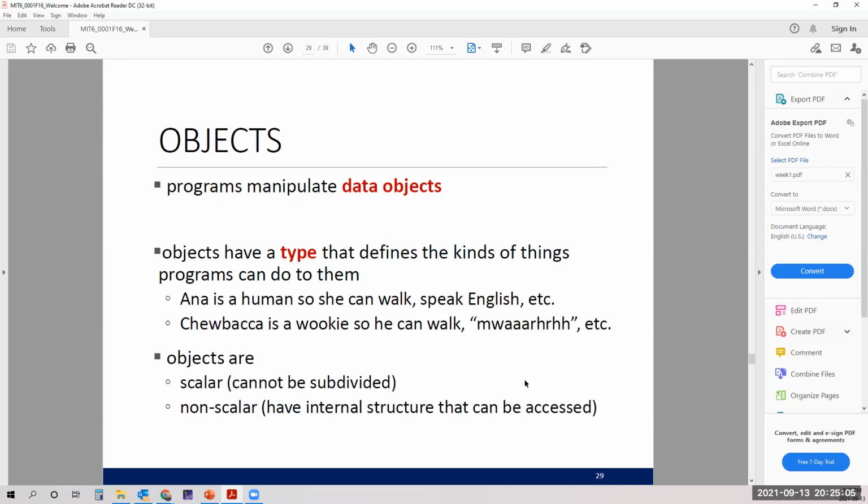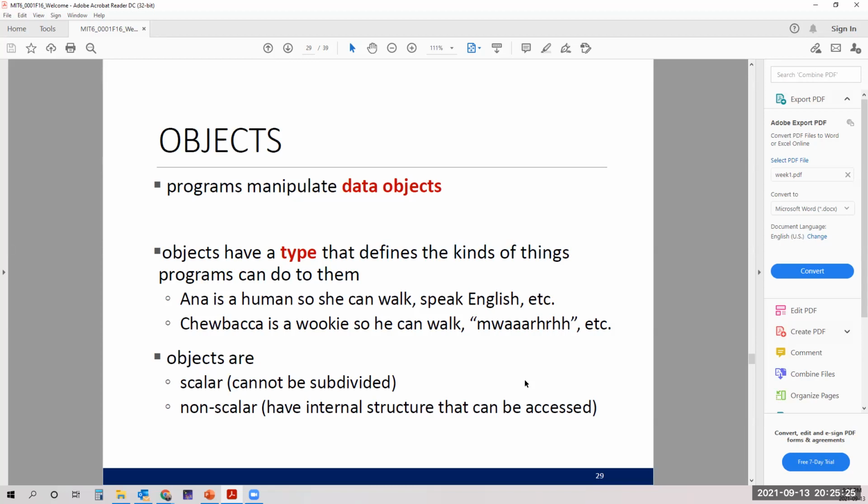This concept we call encapsulation in object orientation. We will discuss this further once we reach object oriented. But for now, each object has a type that defines the kinds of things a program can do to them.